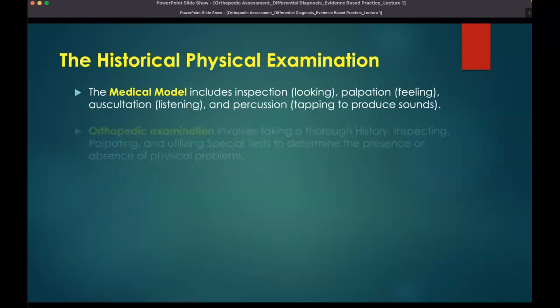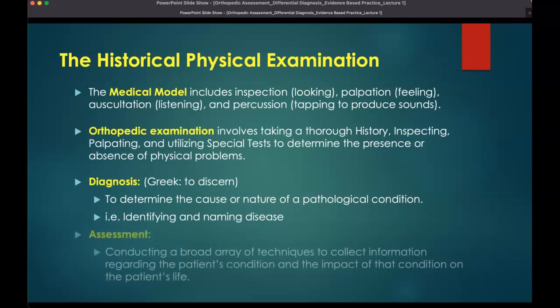When we think about history, though, I want to talk about two different medical models, because the way that healthcare practitioners are trained will depend on the medical model in which they live. So the first type of physical examination or assessment technique that most healthcare practitioners use is what we call the traditional medical model.